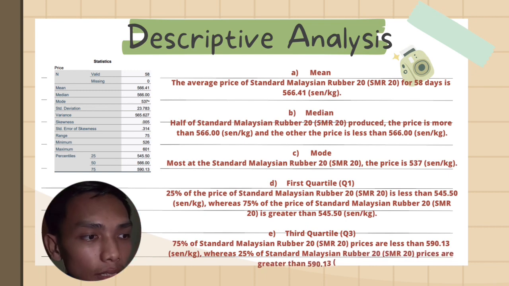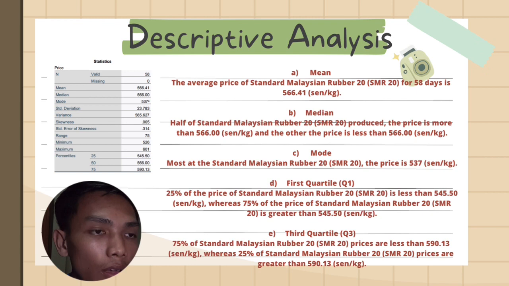The second one is median. The median is the middle number if there is an odd number of data in the array, while if there is an even number of data, the median is the average of the two middle numbers. In this calculation, half of the Standard Malaysian Rubber produced has a price more than 566.0 cent per kilo, and the other half is less than 566 cent per kilo.